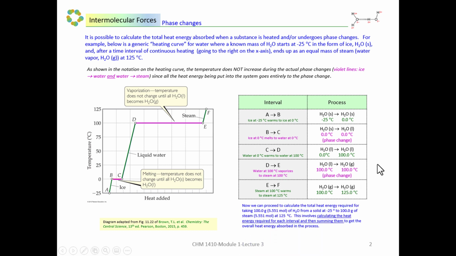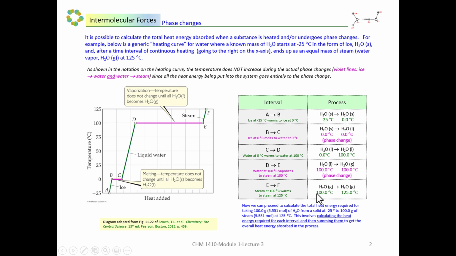Now we can proceed to calculate the total heat energy required for taking a known amount of water. We're going to say 100 grams, and that would be 5.551 moles of water molecules, from a solid at minus 25 to an equal mass of steam. We don't want to lose any of the water: 5.551 moles of gaseous water at 125. Now this will involve calculating actual numbers for the heat energy required for each one of these intervals.